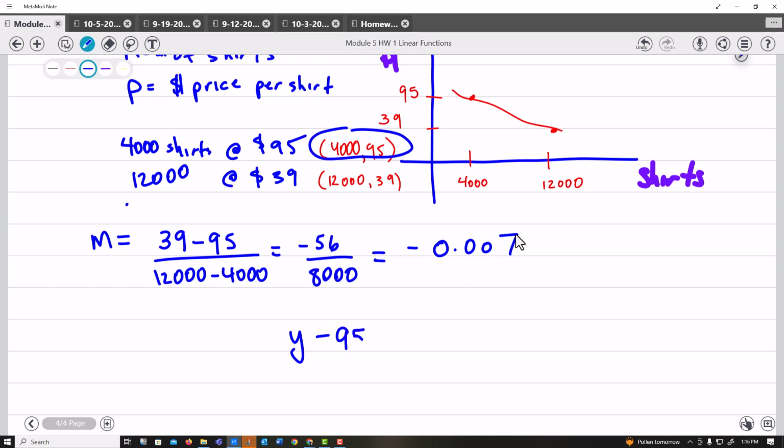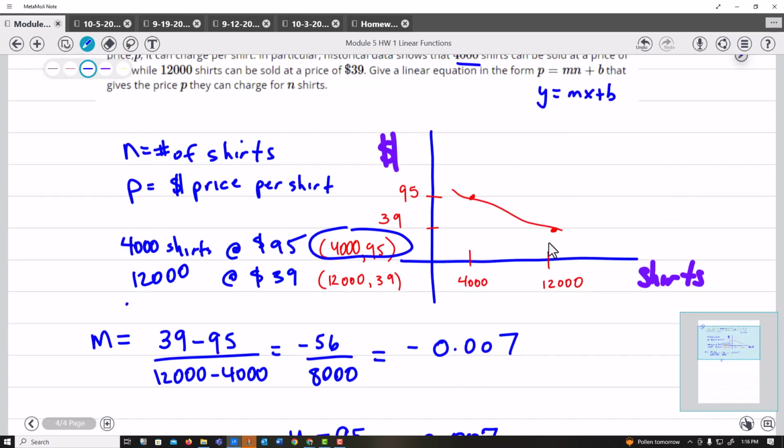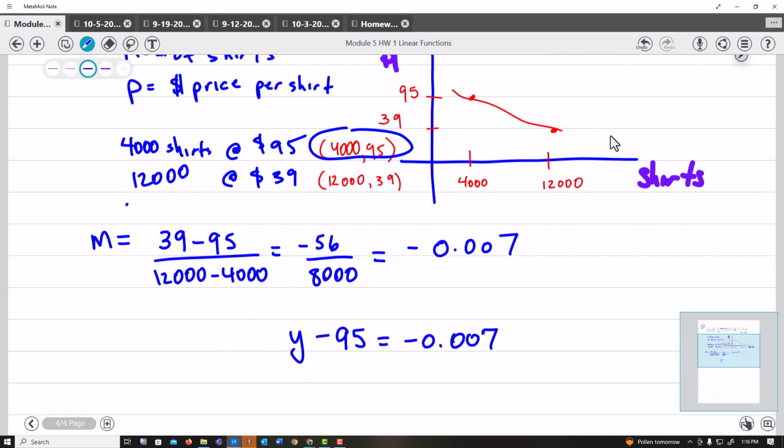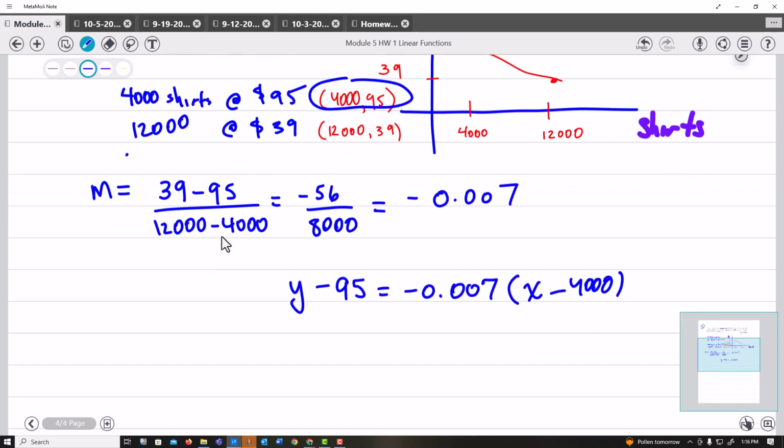So y1 is 95. We just found our slope. And I believe somewhere they're using n. So that is my slope. Well, I'll just write it this way at first, and then we can put it in the form they want it. And then that was 4,000, right, so I'm picking that point.